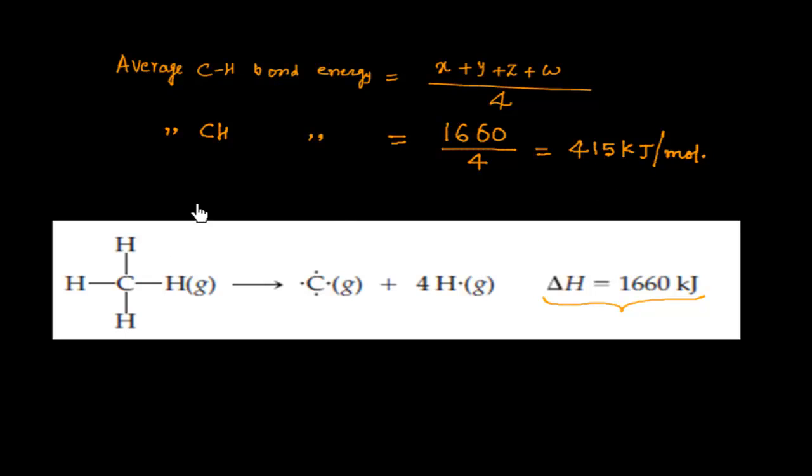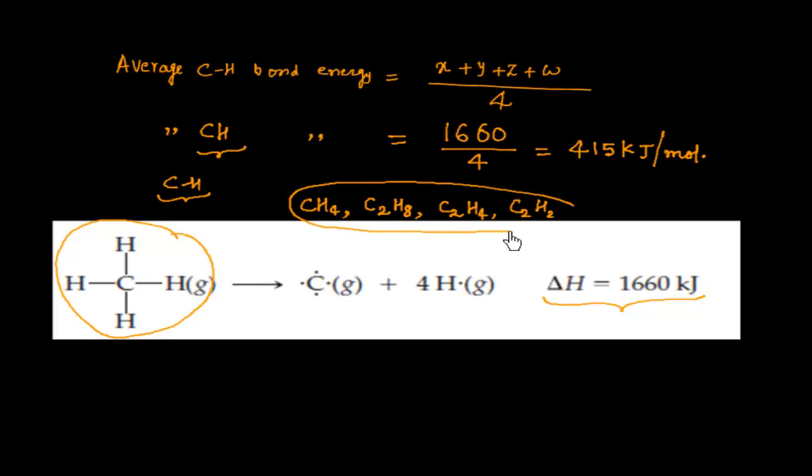But now you see, in defining the average bond energy of the C-H bond, we have taken only one compound, that is methane. And that is not true. There are many compounds that contain a carbon-hydrogen bond. We have CH4, we have C2H6, we have C2H4, we have C2H2. There are a large number of compounds that contain carbon-hydrogen bonds.